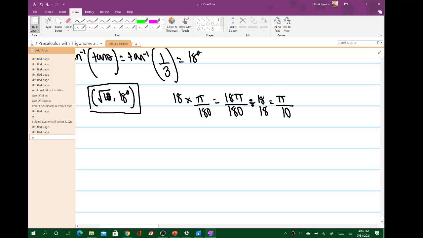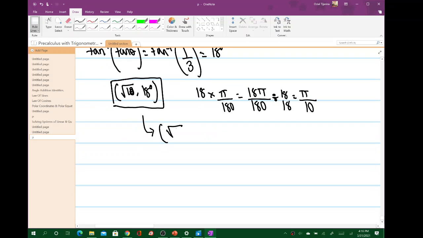So in radians, the radius would still be the square root of 10, comma, pi over 10 as the angle, right?